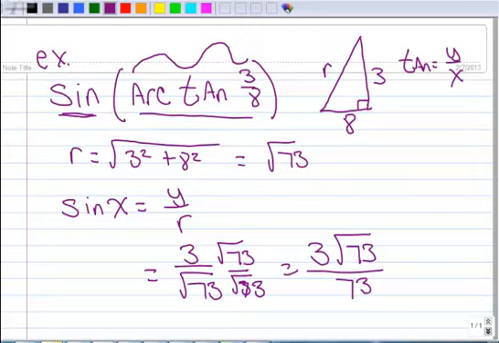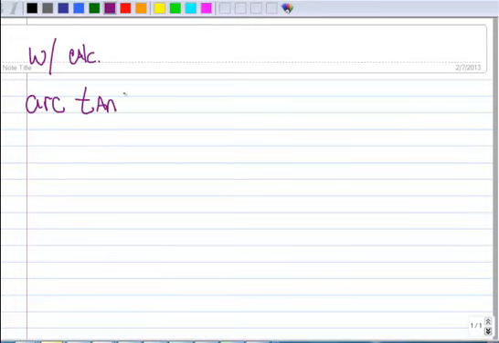All right, let's do a couple more problems here. Let's use our calculator for some of these. Okay, so the first one we're going to do is arc tangent of 47, and we want the answer in degrees.